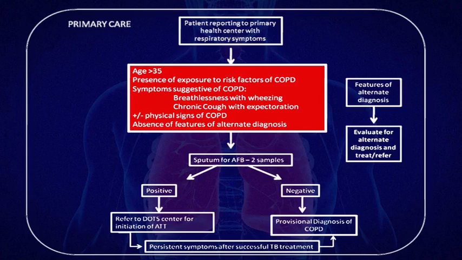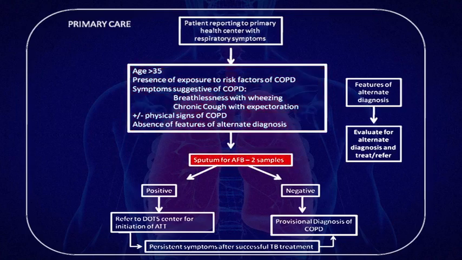But because the patient has had symptoms for more than 2 weeks, and in India tuberculosis is so common, it is wise to get a sputum AFB done in all patients who have a cough for more than 2 weeks. If the sputum AFB is negative, then obviously you should think of an underlying diagnosis of COPD, get more clues from the history, do spirometry if it is possible, and then start your patient on treatment for COPD.